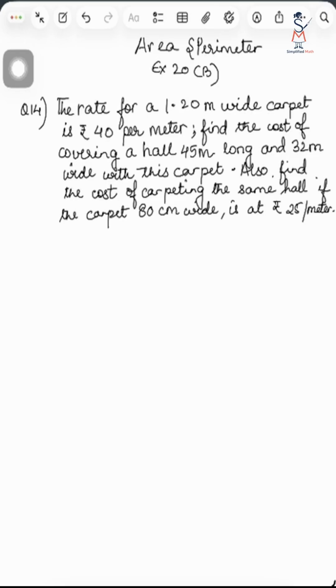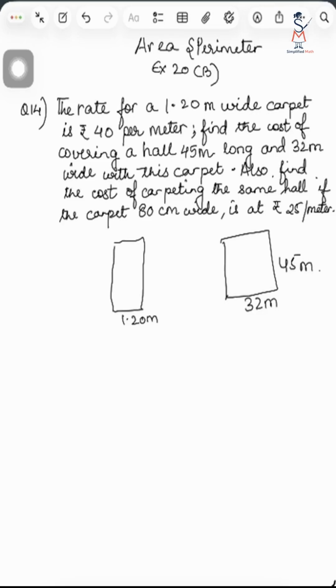Now we have to cover a hall which is 45-meter long and 32-meter wide with a carpet. The carpet is 1.20 meter wide. This is the length of the carpet, which could be anything, but the width of the carpet will remain the same.